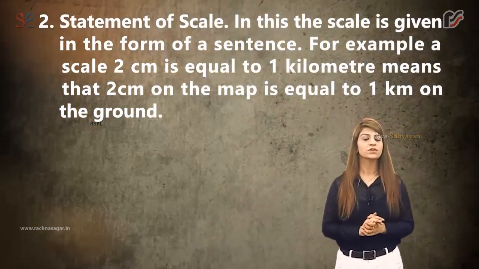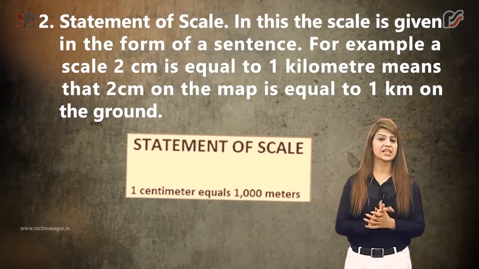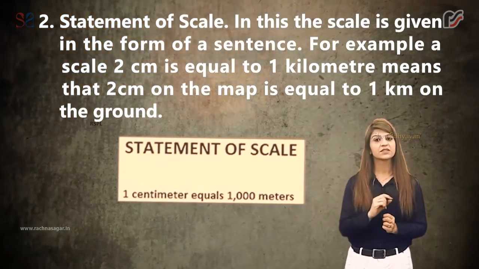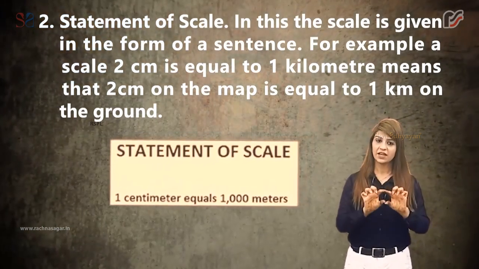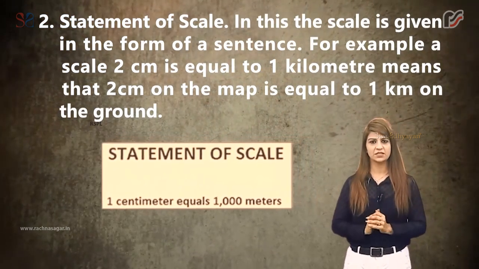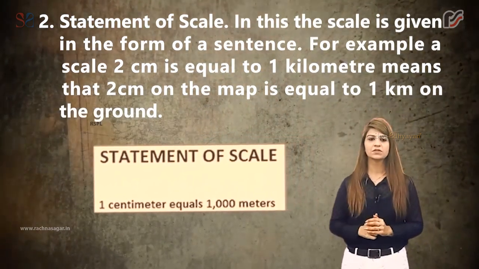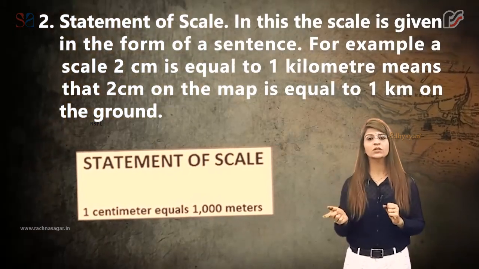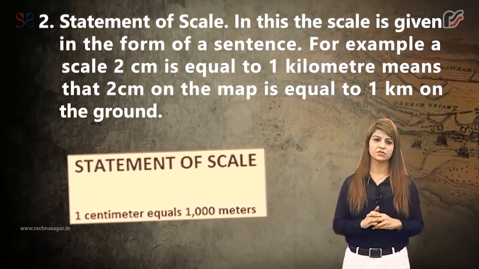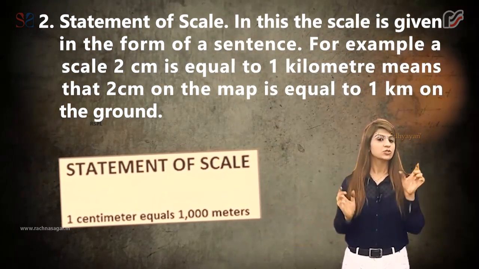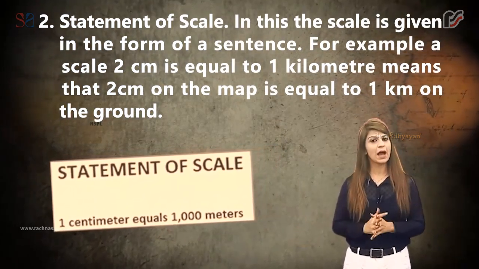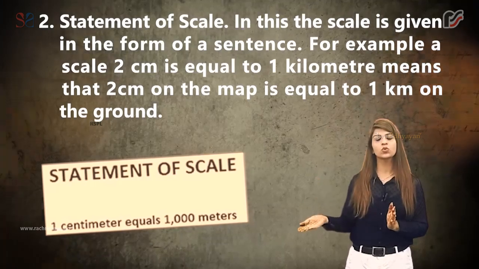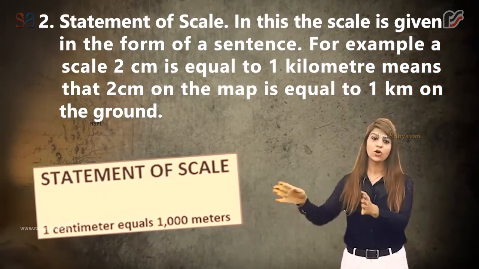Number two, statement of scale. In this, the scale is given in the form of a sentence. For example, a scale 2 centimeter is equal to 1 kilometer means that 2 centimeter on the map is equal to 1 kilometer on the ground.